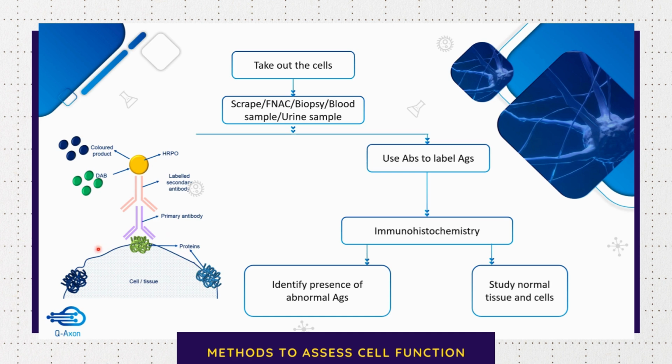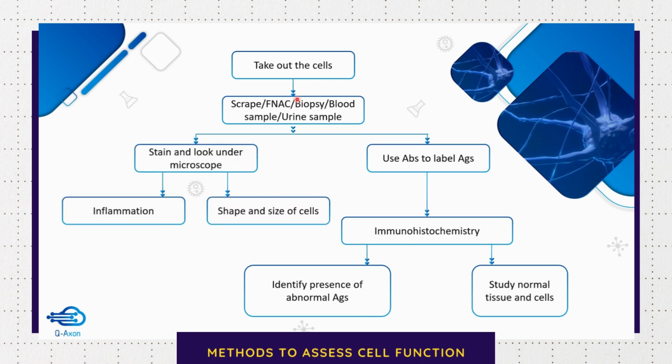This method of identifying the presence of antigens or proteins on the surface of the cell is used to study normal tissue and cells also. It is a very good method for identifying the expression of proteins on certain cells and is used extensively in research, and it also helps in identifying the presence of any abnormal antigens on the surface of the cells.